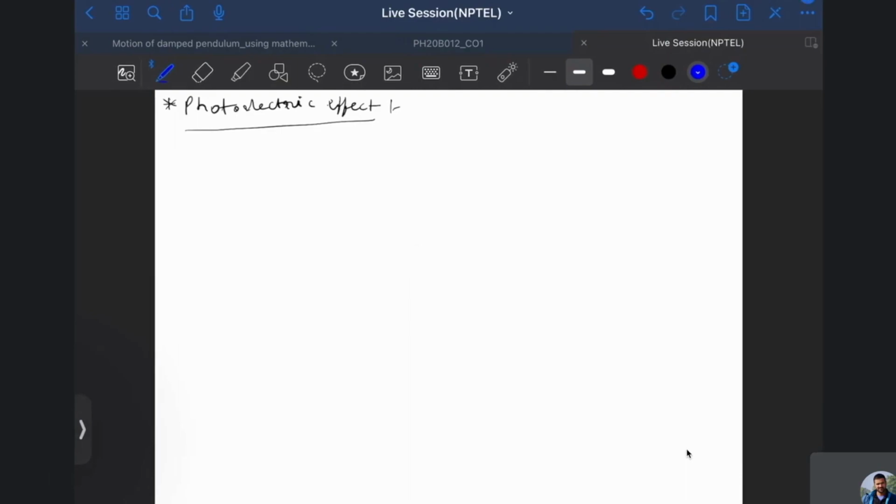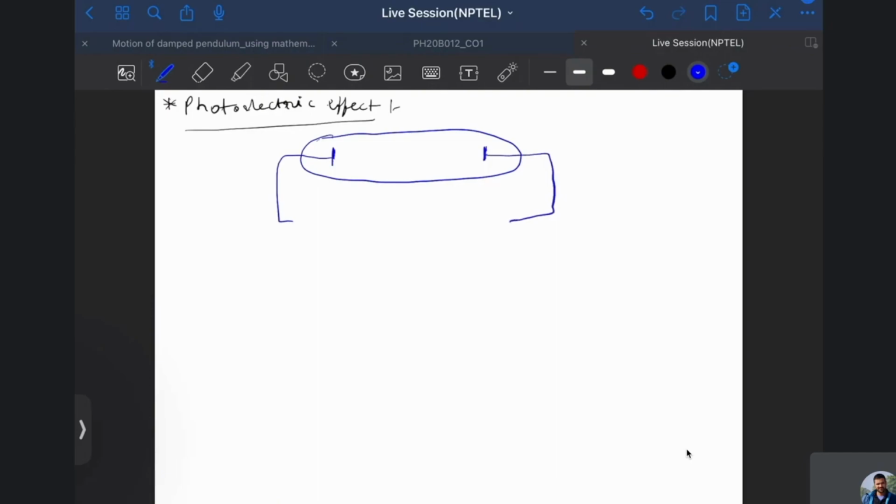Yeah. So, as I was saying, to observe this photoelectric phenomena in our lab, we can have a simple setup. We can take a vacuum tube like this and place anode and cathode inside it, connected by wires like this.